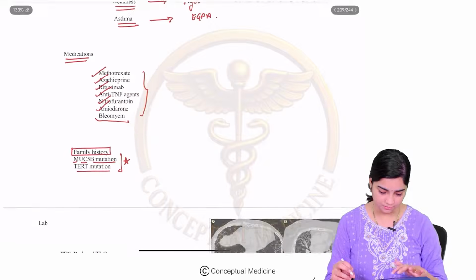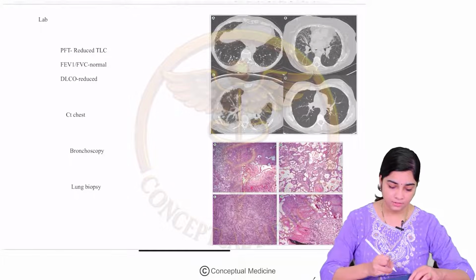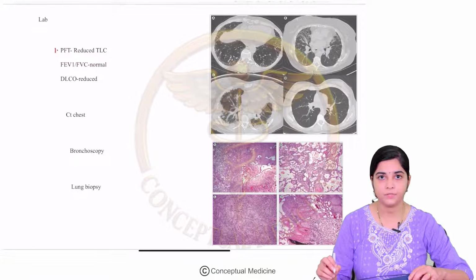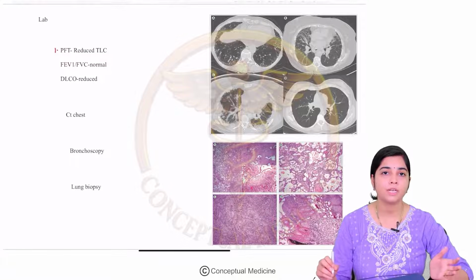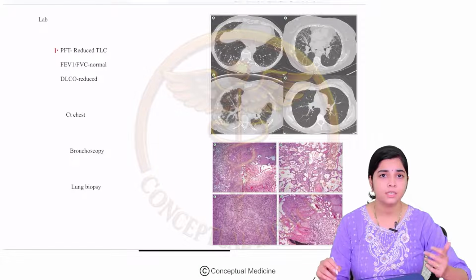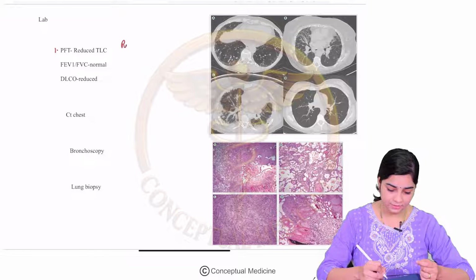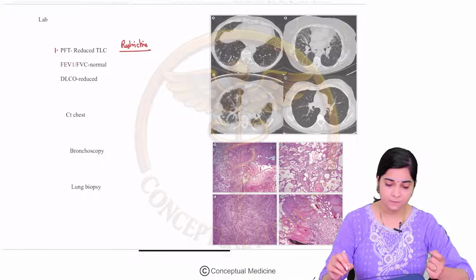So this is about the various things you want to ask in history with respect to an ILD patient. Now let us look at your laboratory diagnosis. So first, in your pulmonary function testing, what type of a disease will you expect? Will you expect an obstructive lung disease or a restrictive lung disease? Yes, you will expect a restrictive pattern. So ILD is an example of a restrictive lung disease.